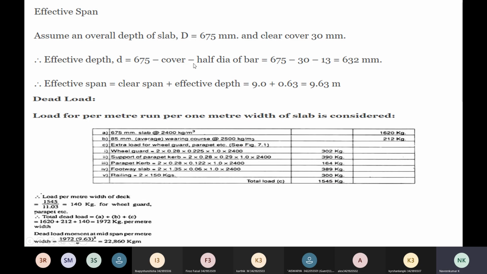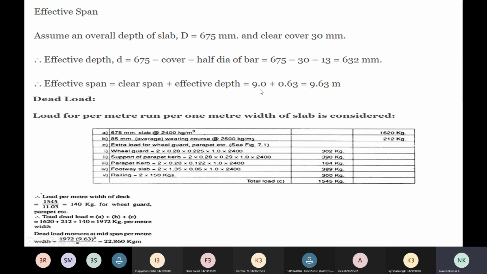Similarly, you are calculating the effective span. You know the clear span value. The clear span is 9 meters plus the effective depth. 632 mm is the effective depth. If you convert mm into meters, dividing by 1000, you will get 0.63.